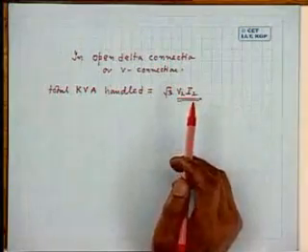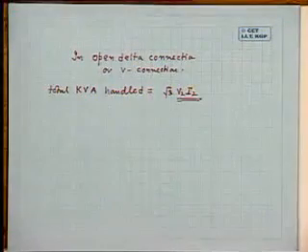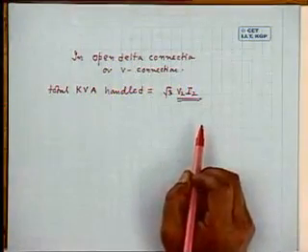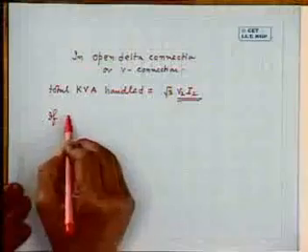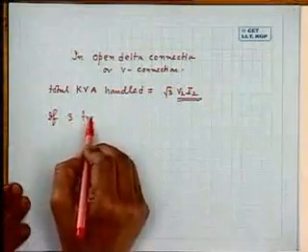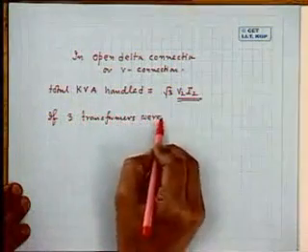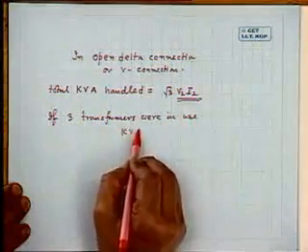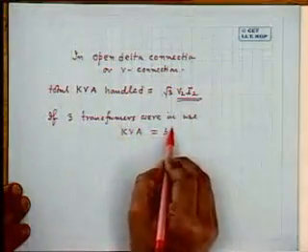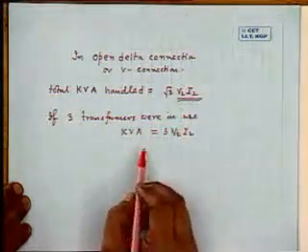So this is the individual transformer kVA, it is V2 I2. Both of them are fully loaded, but the maximum kVA I can transfer to the load is only root 3 V2 I2. With respect to your total three-phase system, if 3 transformers were in use, kVA handled would have been 3 V2 I2.